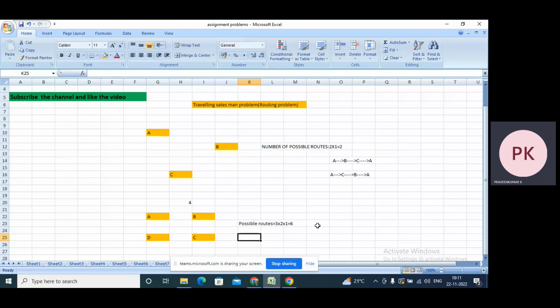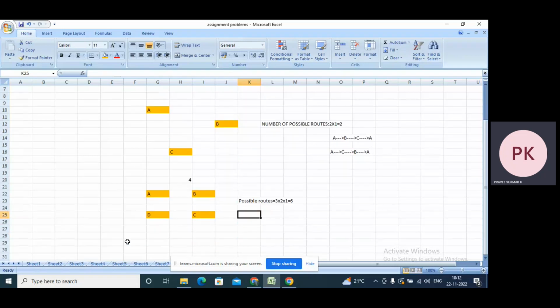So dear friends, it is one of the important GATE examination questions. If the number of cities is 5, what will be the possible routes in the traveling salesman problem? It is an expected question. I will take an important GATE examination problem.